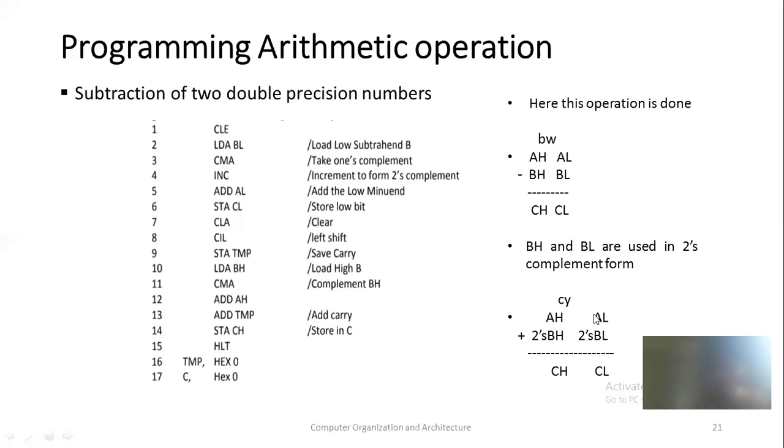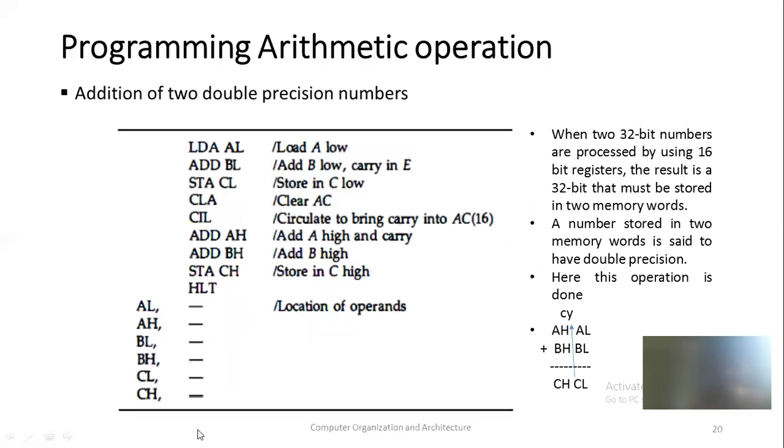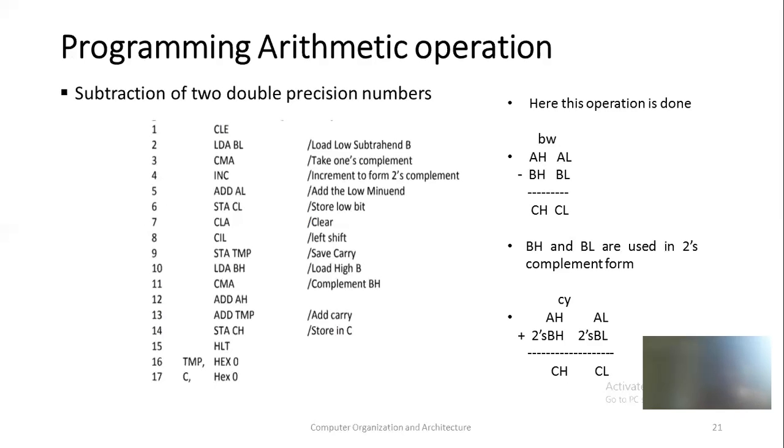Then we have to add AL, so use the instruction ADD AL, and your lower byte subtraction is done over here. So you will store it to location CL. Right now I have not written that location here, but you can consider AL, AH, BL, BH, CH, CL. So at location CL your content is going to be stored.